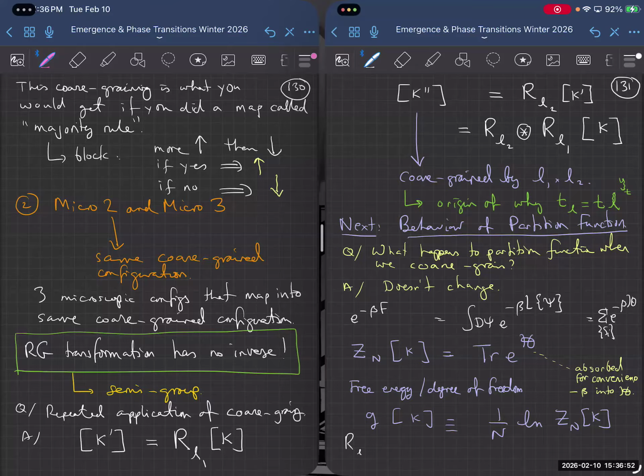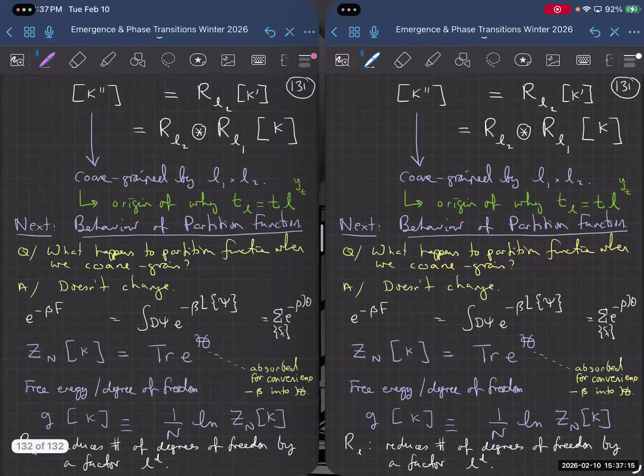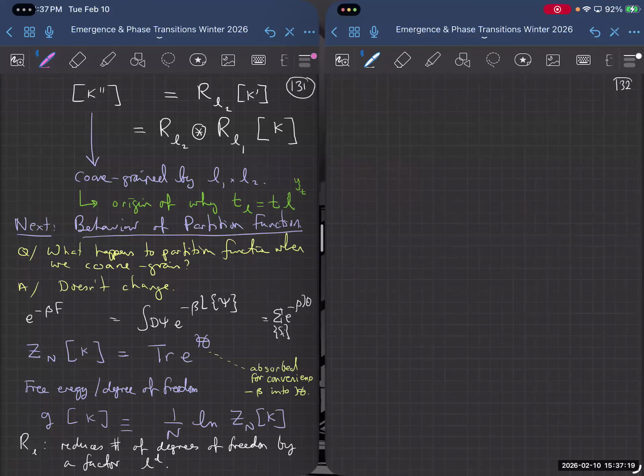Now, when we do a renormalization group transformation, this reduces the number of degrees of freedom by a factor of L to the D. So once I've done that, I have N prime degrees of freedom, which is the number of degrees of freedom I originally had divided by L to the D. If I started off with my microscopic spins, I goes from 1 up to N. By the time I've done my coarse graining, I've got some coarse-grained spins.